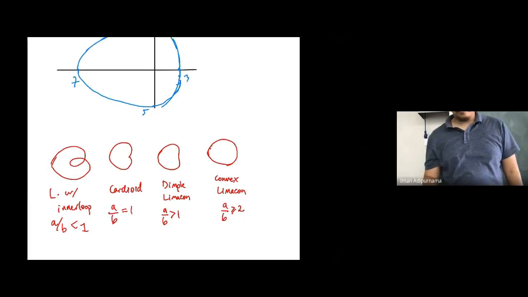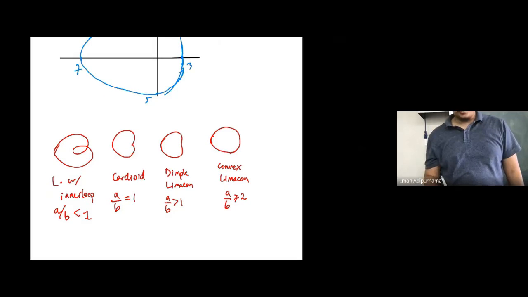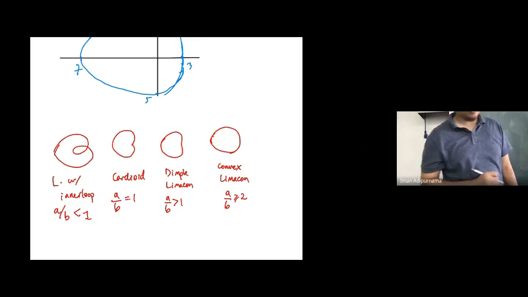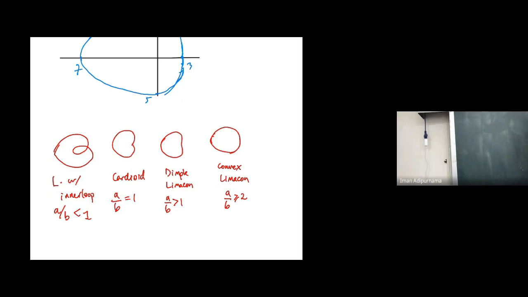So we can say that the dimple limaçon limit is before it reaches 2. Okay, before it's reaching 2. So A over B should be 2. Or let me write, this is 1.